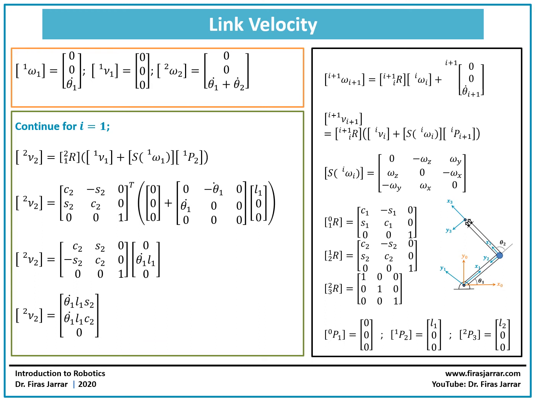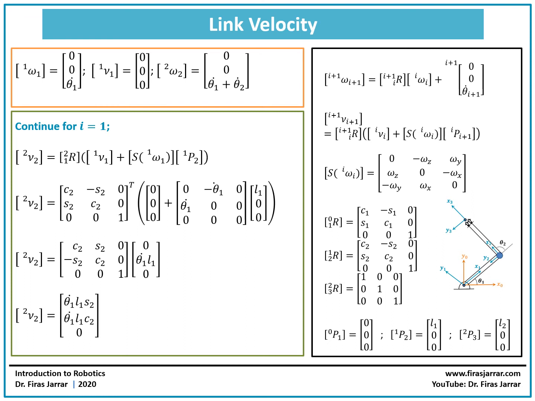So this becomes v2, and this becomes R1 with respect to 2, and this is v1. And this is the skew symmetric matrix of omega 1. And this is P2 with respect to 1, as shown here. Now we substitute for the values of R1 to 2 again, as in the previous slide.